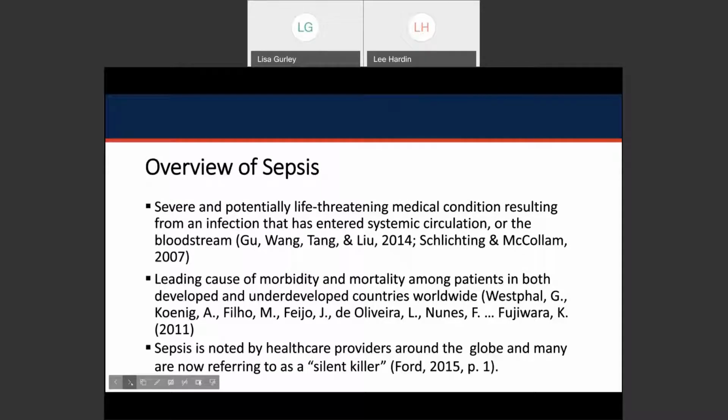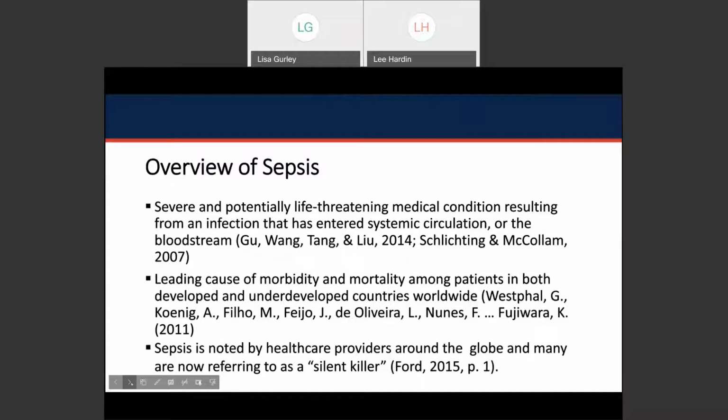I will begin the presentation by providing an overview of sepsis. Despite advancements in technology and infection control practices that have dramatically improved the incidence of sickness and death associated with many disease processes, one adverse health condition continues to pose a serious threat.